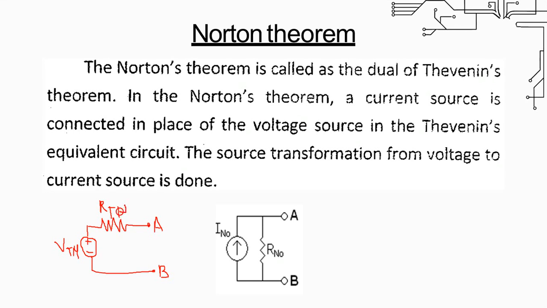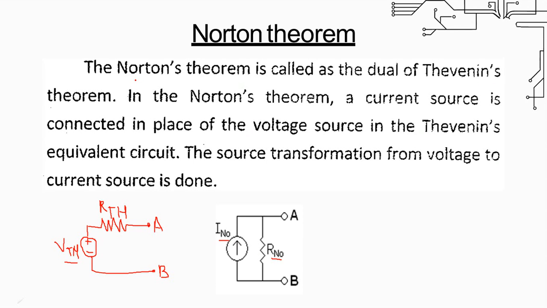But in Norton's theorem, this voltage source is replaced by a current source and the series resistance is connected in parallel. इथे बघा थेव्हनिन्स रेजिस्टन्स हा पॅरलल मध्ये गेला आणि थेव्हनिन्स व्होल्टेजच्या ऐवजी नॉर्टन्स मध्ये तिथे आपण करंट सोर्स घेतलाय.